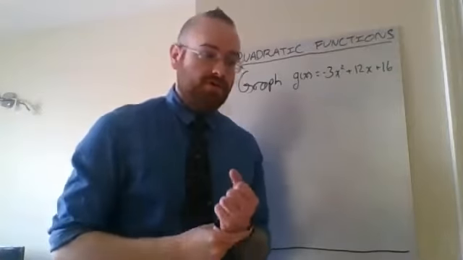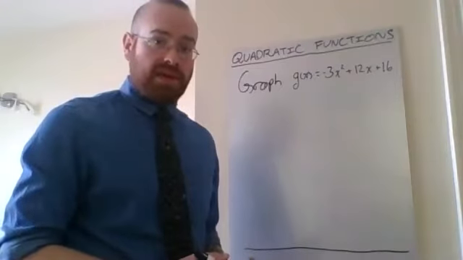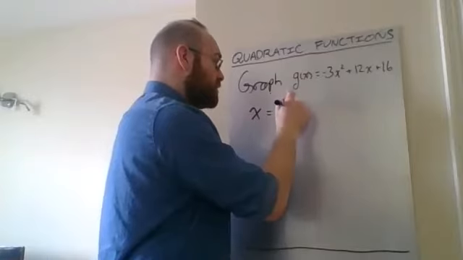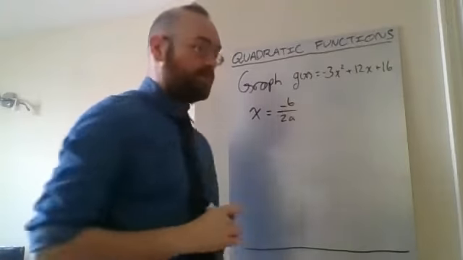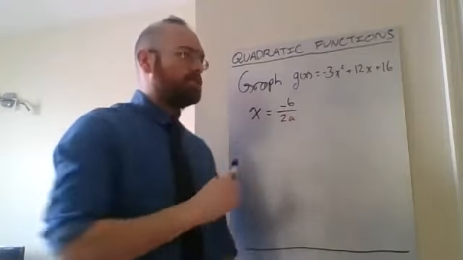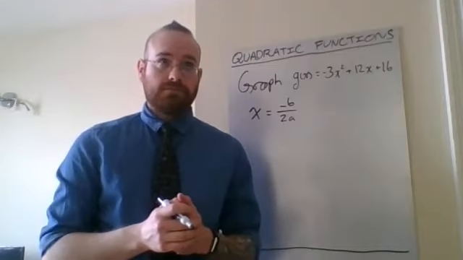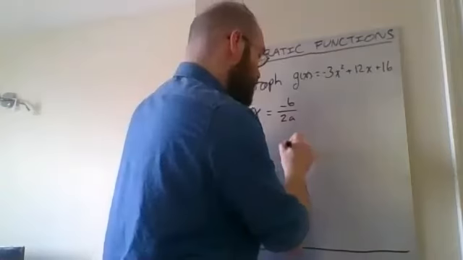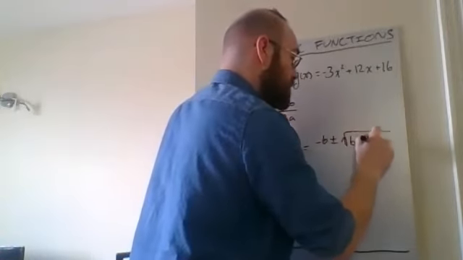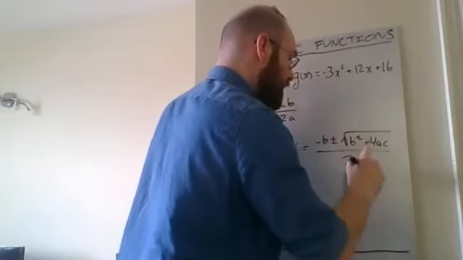Now you may remember from previous math classes that we can find the x value of the vertex, or the axis of symmetry, by using the formula x equals negative b over 2a. Now think for a moment, where else have we heard negative b and 2a come up in the same formula? You may remember that our quadratic formula is negative b plus or minus the square root of b squared minus 4ac all over 2a.